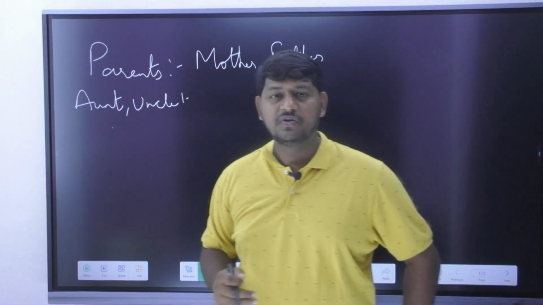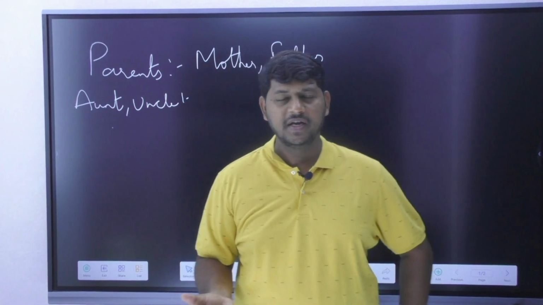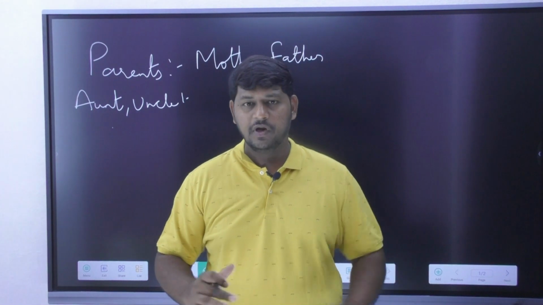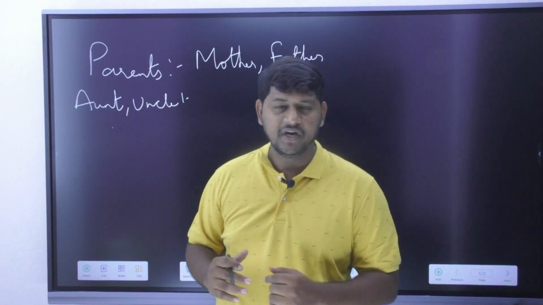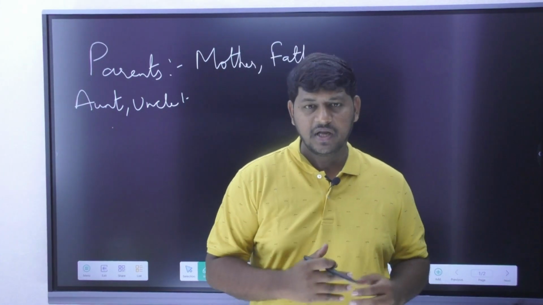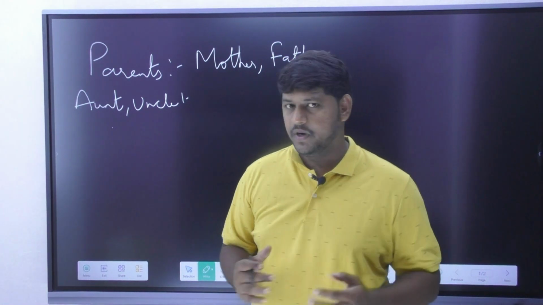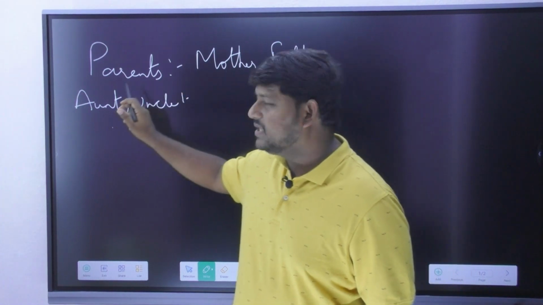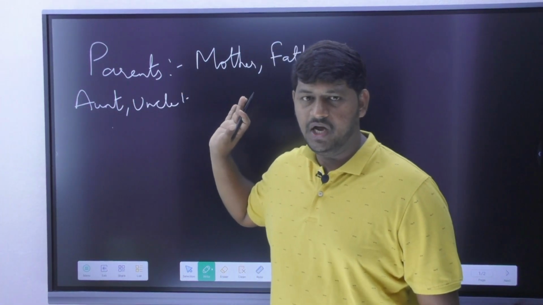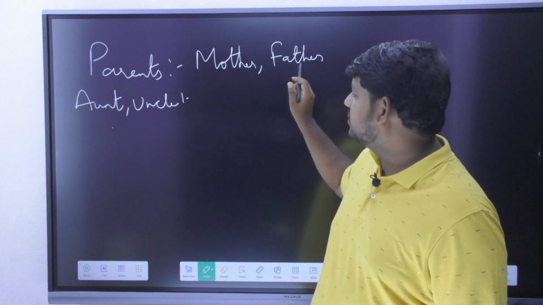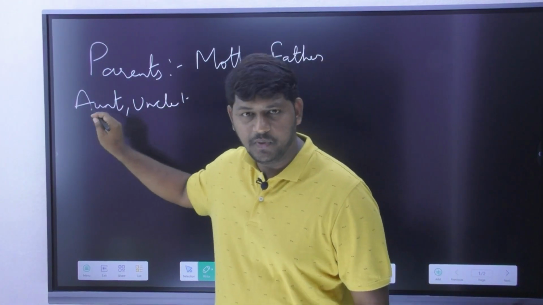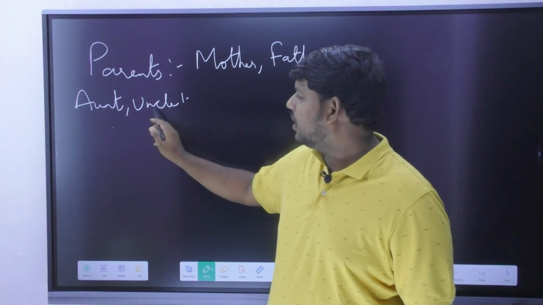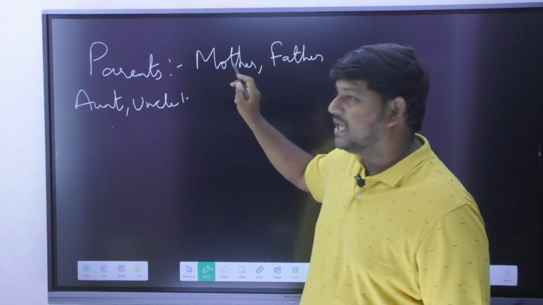When it comes to your mother tongue, you have different keywords: if a person is younger you have a different keyword, and if a person is older than your mother you have another keyword. But when it comes to the subject, very clearly your mother's sister is definitely going to be your aunt, and your father's sister is also going to be your aunt. Am I clear? Right. Now whom do we call uncle? It is your mother's brother.